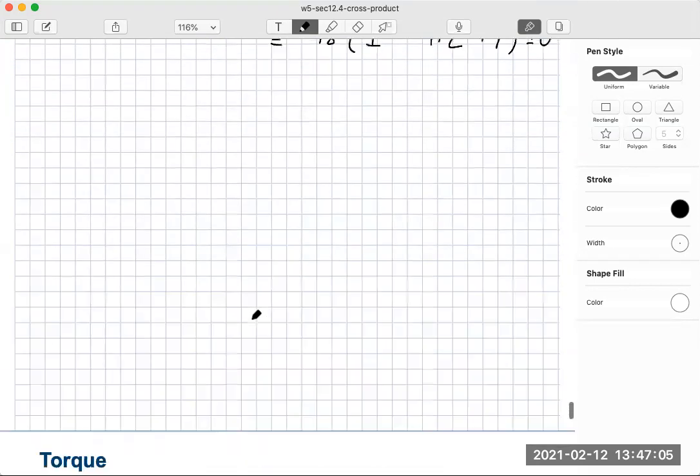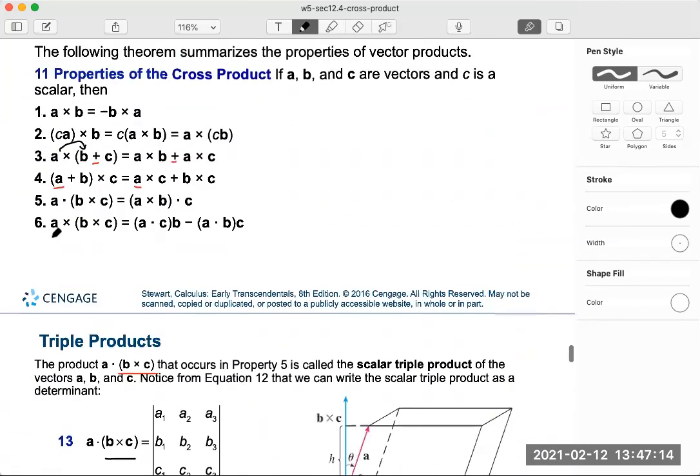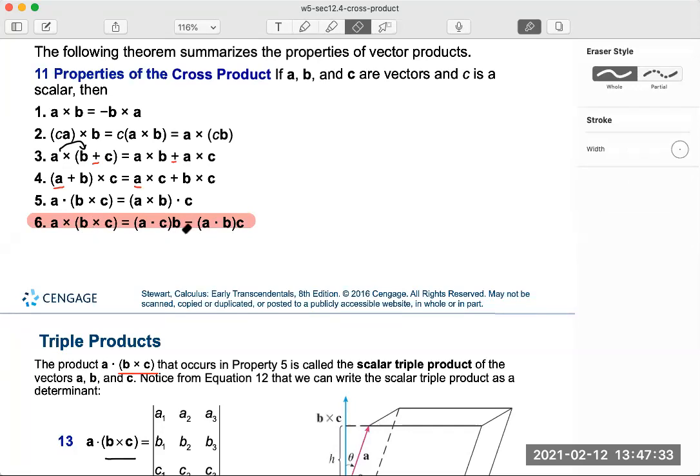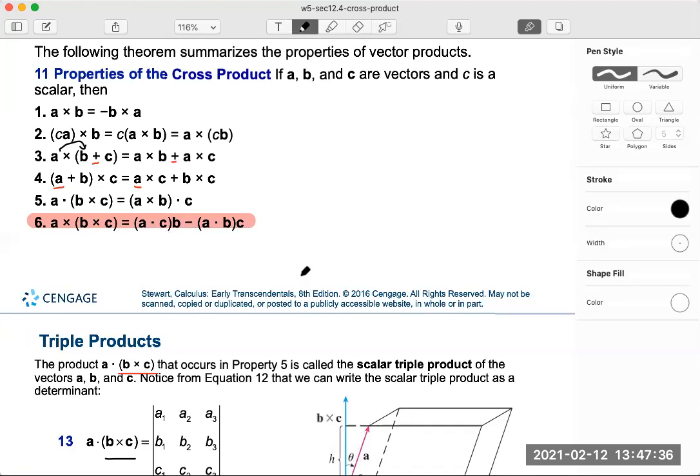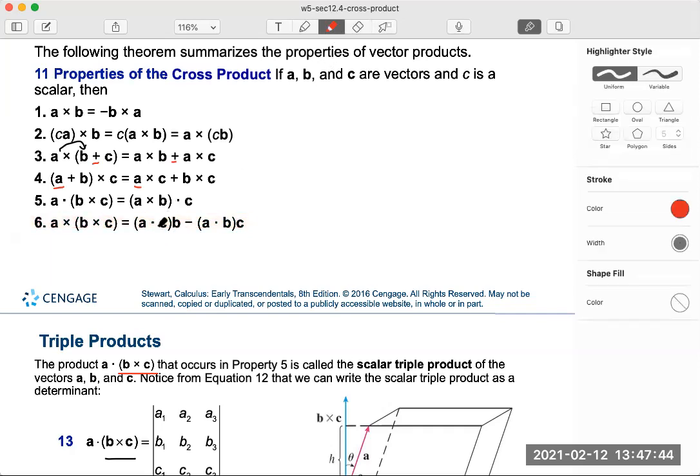So the last formula, the number 6: A cross B, B cross C, and then cross A. Remember, we should do the inner parentheses first, right? It will be this relation, A dot B, A dot C. What is the result of A dot C here?